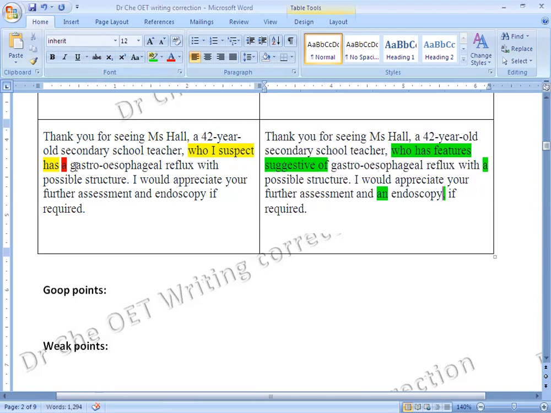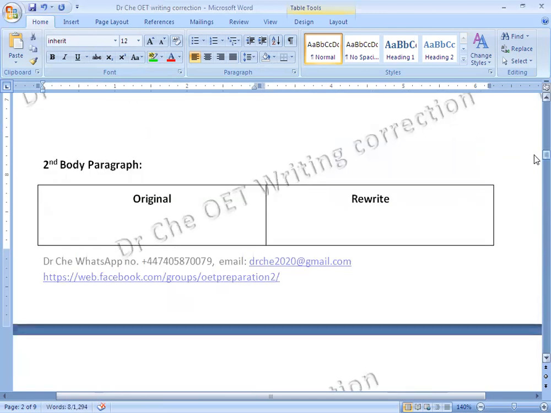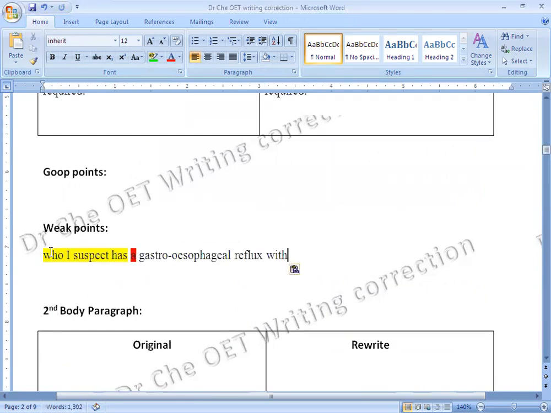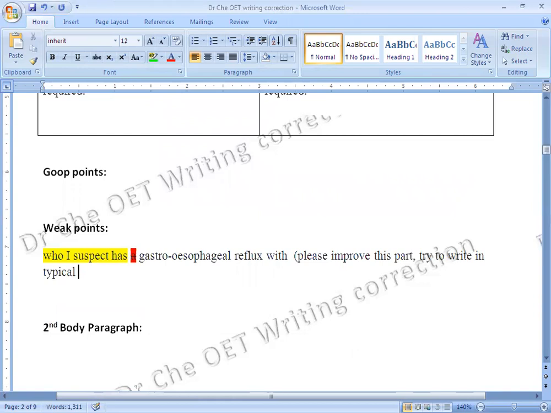So here we should say that please improve this part and try to write in typical OET style.